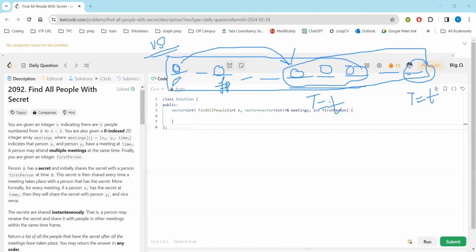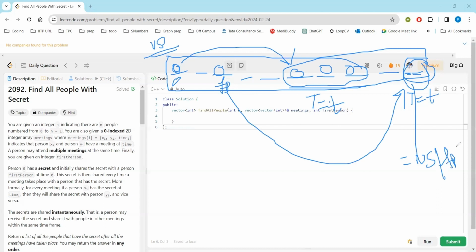Now suppose if there is a meeting between FP and any person from this group, can we say the ultimate source of secret for this person will be equal to the ultimate source of secret of FP? Now, since the ultimate source of secret for FP was 0, the ultimate source of secret for this group will also be 0.